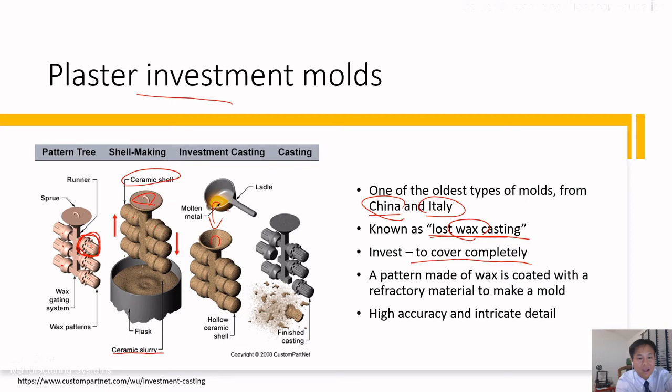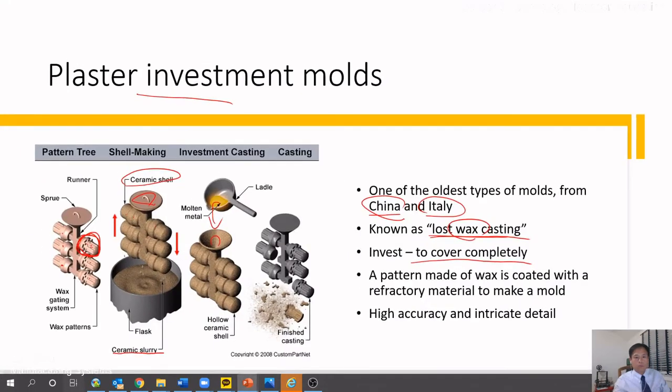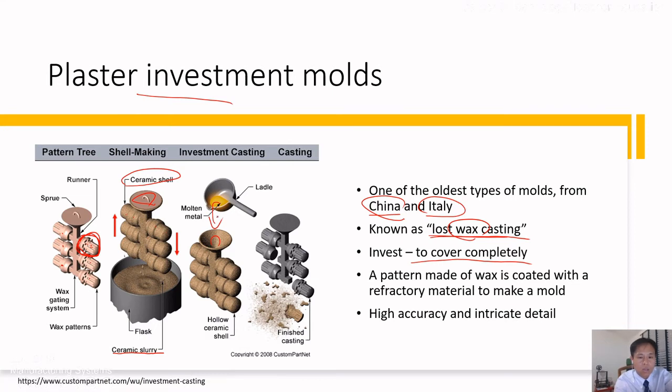Molten metal is at a very high temperature. Once the hot molten metal goes into this mold, the wax is melted, and the molten wax comes out, and only the molten metal stays inside of this structure, this pattern, right?